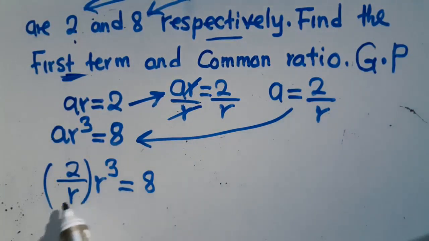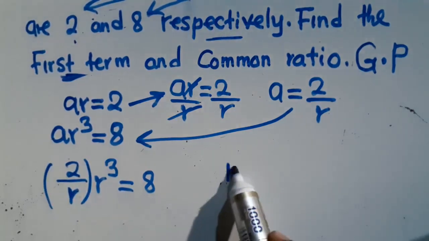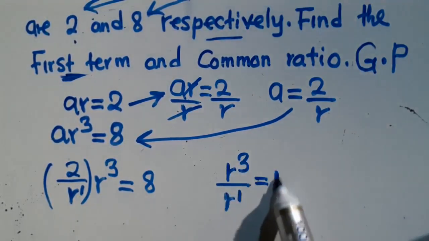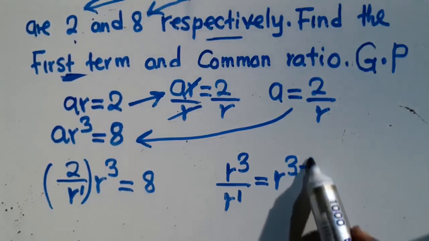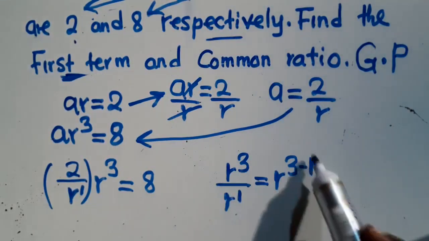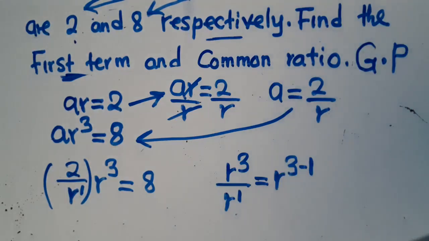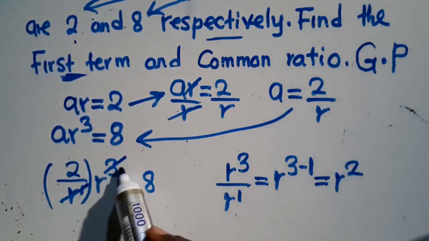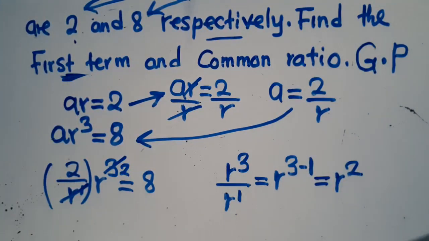I always tell you that the laws of indices state that when dividing numbers of the same base, like R to the power of 3 divided by R to the power of 1, you subtract the powers, 3 minus 1, which gives R squared. So the R cancels and I remain with the 2.